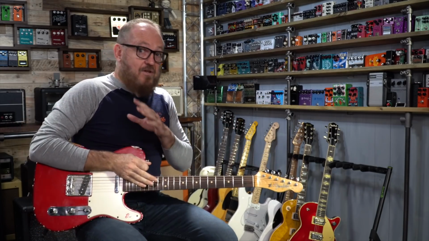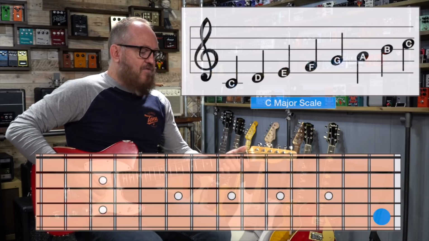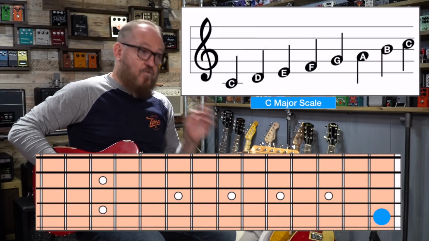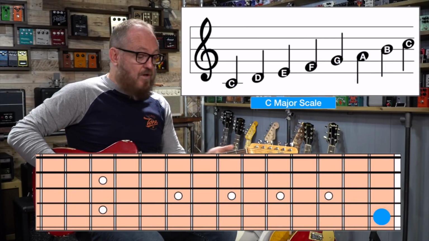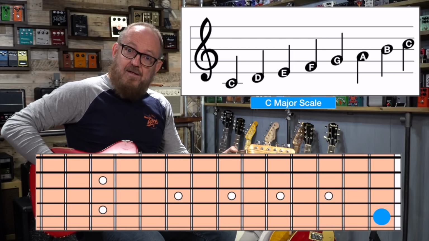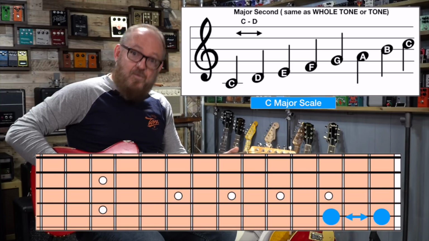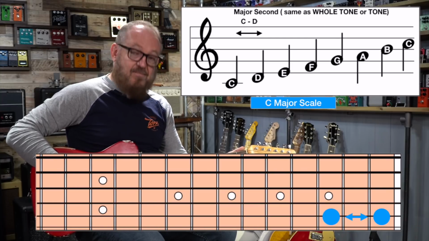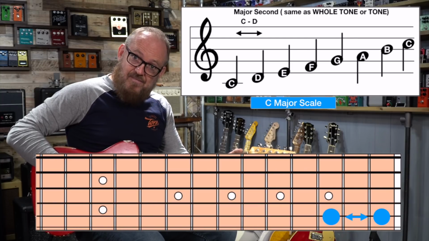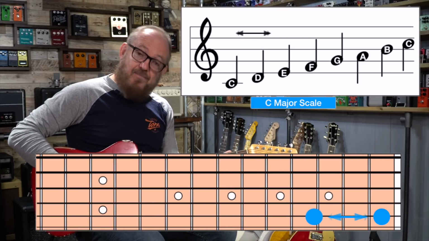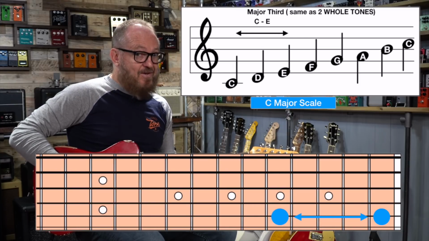Now, if we do the intervals individually, from our tonic, the tonic is the root note, from C, okay, and then the first interval, we have a major second. Okay, the next interval, we have a major third.